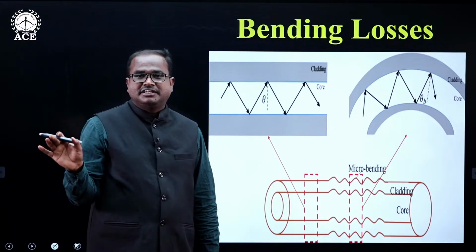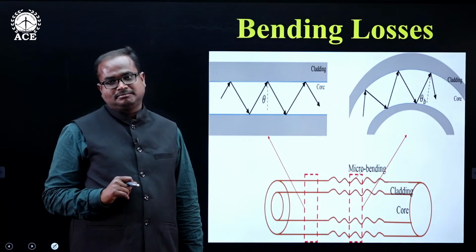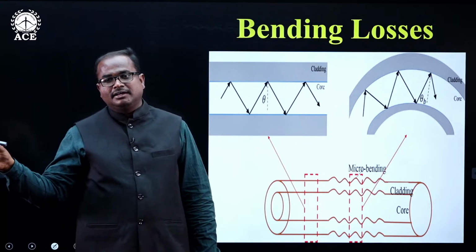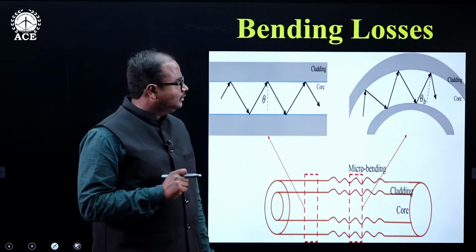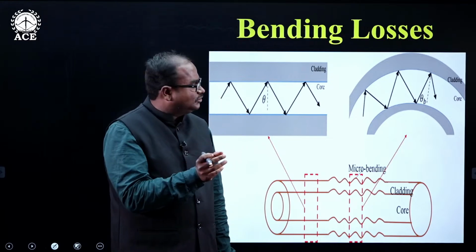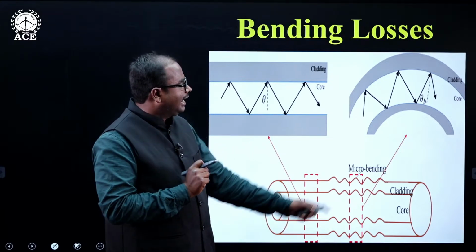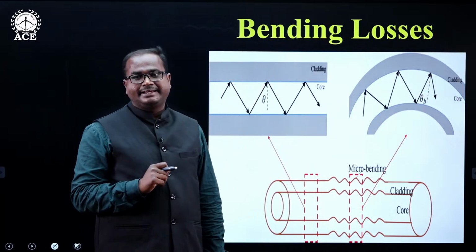If the total internal reflection does not take place, power losses will be high, because the output power is different from input power. When the fiber is bent, the direction of the light ray also changes because of the change in the angle.